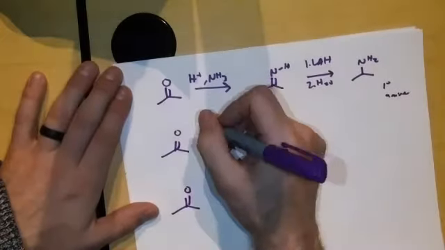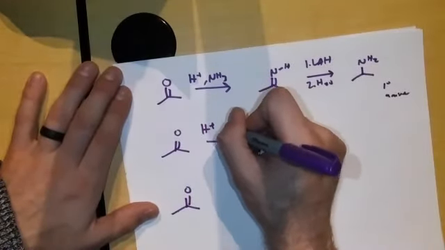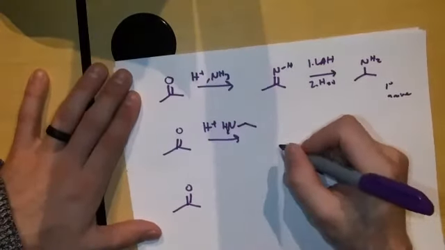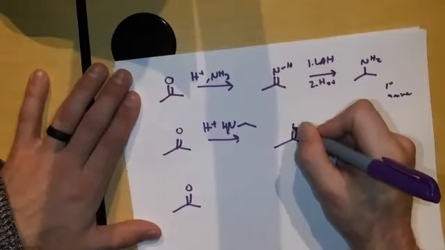So throwing in a primary amine instead, like this ethylamine, will let us make a secondary amine.